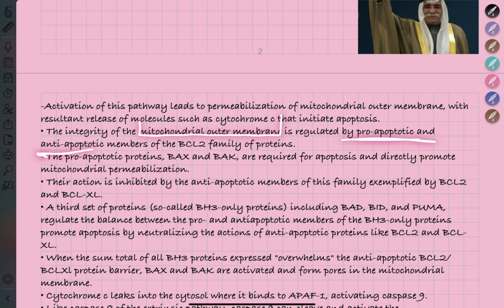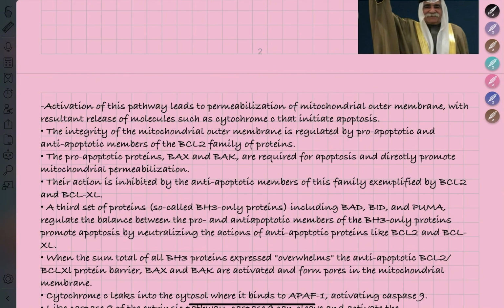Okay? The anti-apoptotic ones are the BCL2 family of proteins, and the pro-apoptotic ones we call BAX and BAK. They are required for apoptosis and directly promote mitochondrial permeabilization. Of course, we must understand that in a normal case the mitochondria's outer membrane is not permeable.